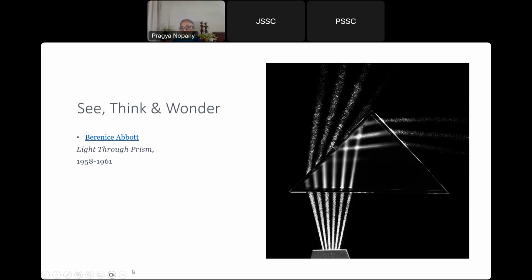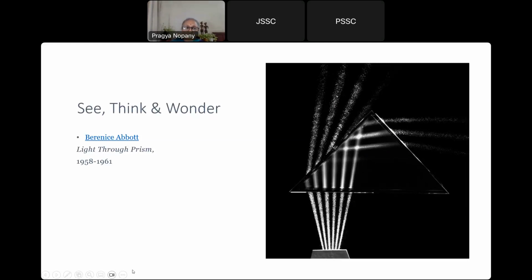Now another way to do it is through interesting photographs. Now tell me, what do you notice in this photograph? I want you all to write in the chat box, what all do you see in this particular photograph? There is light through a prism being shown.